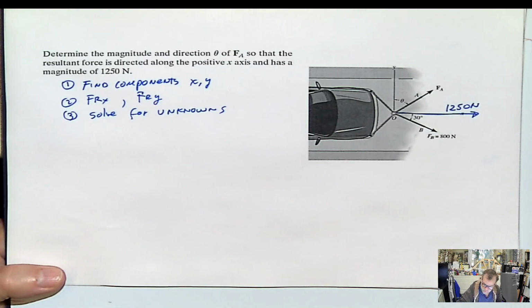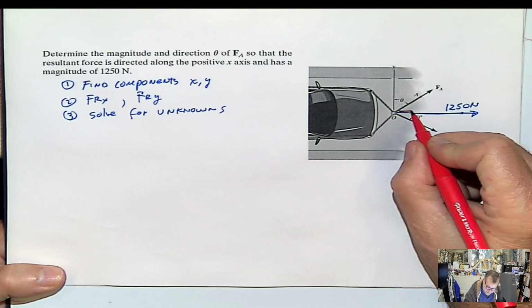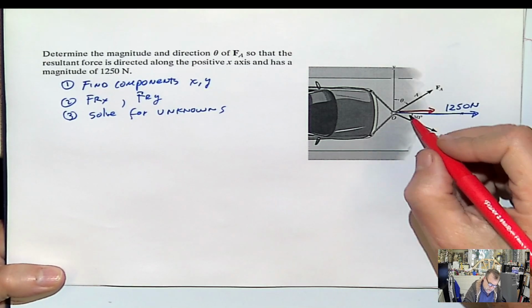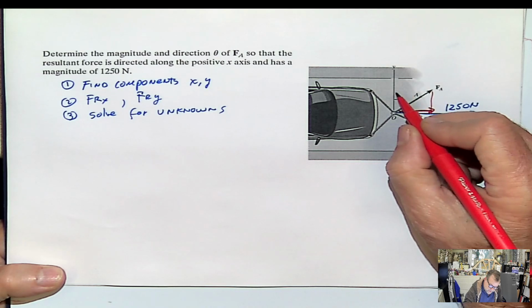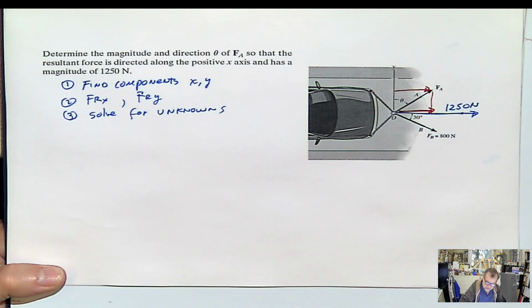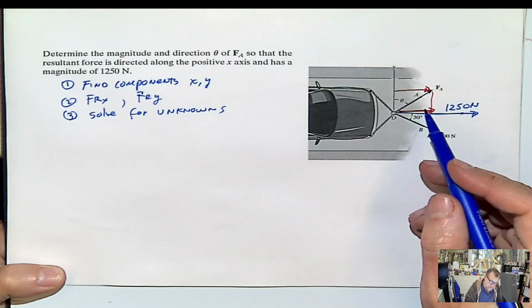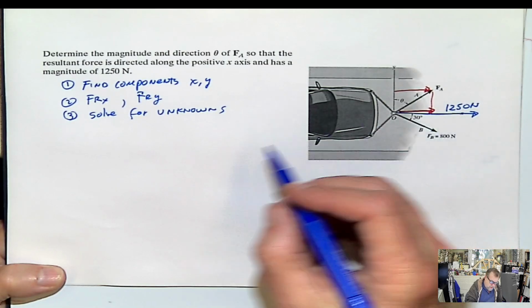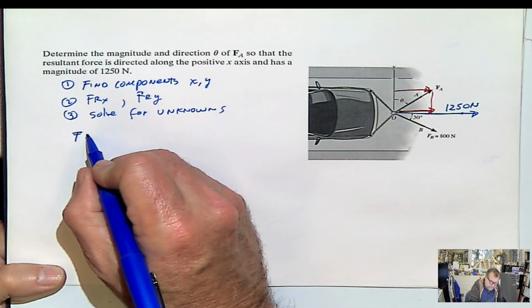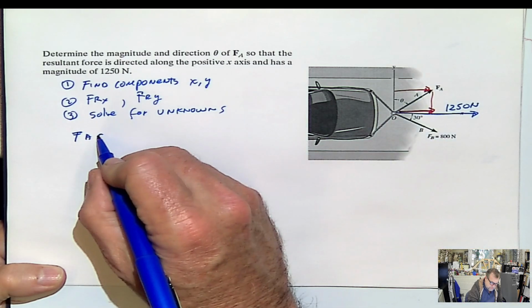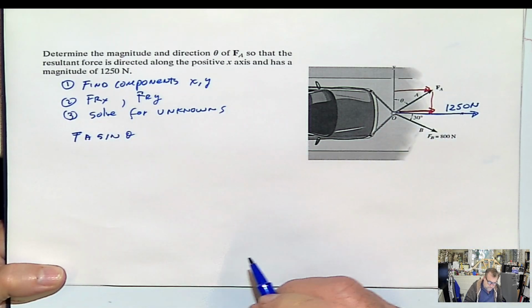For the x direction we have, for FA, this component, which is basically the same as saying this component, just for the sake of using the angle that is provided. So what is that component? That component will be FA sine of the angle.